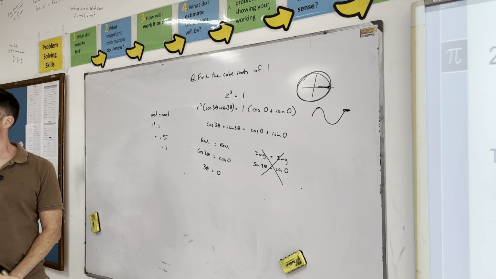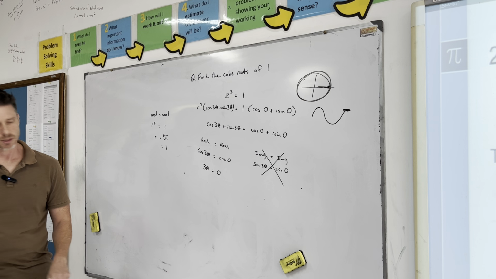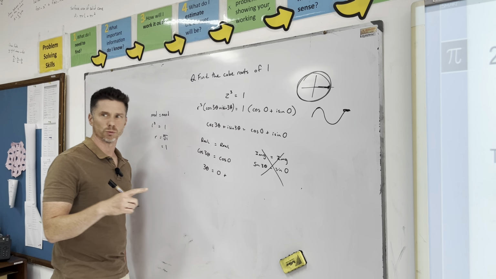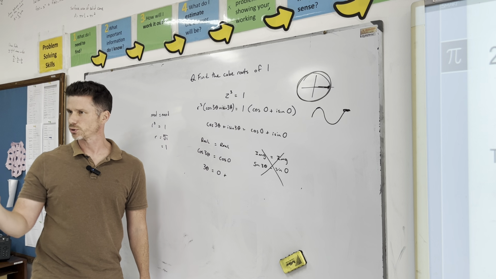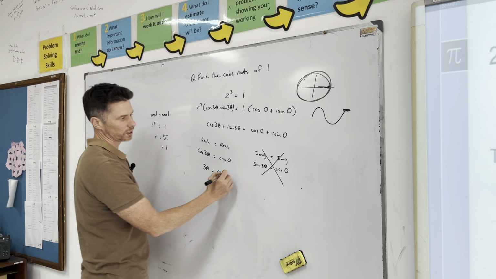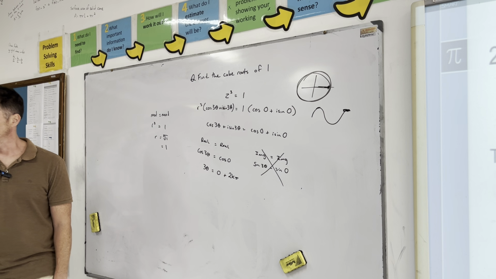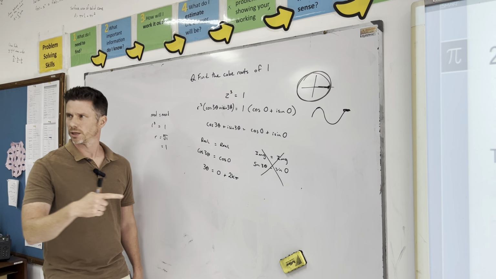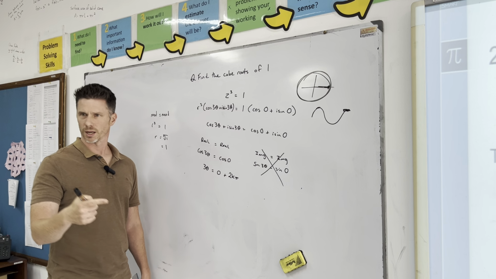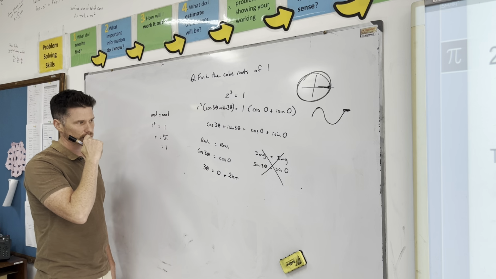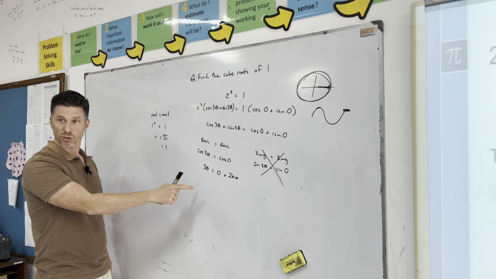Every how many times? 2 pi. Okay, so we don't say 2 pi, because that would only be one more time. We use the general solution, 2k pi. If k is 1, it's 2 pi. If k is 2, it's 4 pi. If k is minus 1, it goes backwards. So this gives us all the solutions.